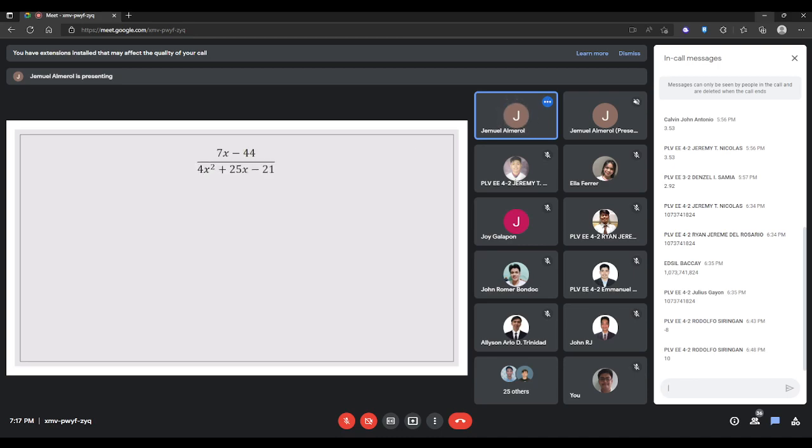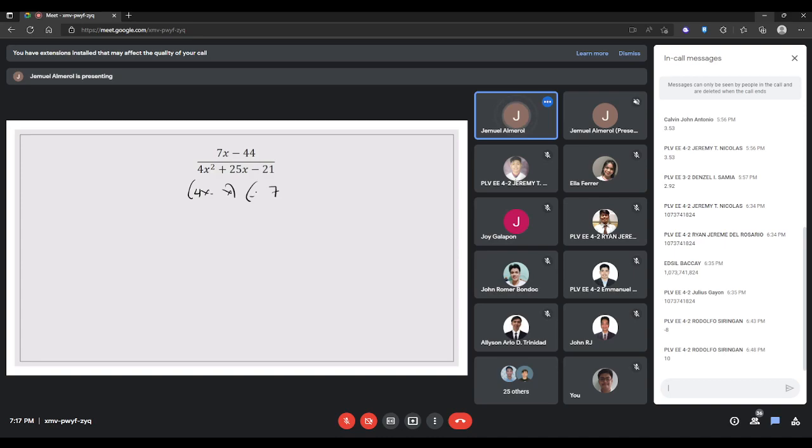Okay. Let's try this one. 7x minus 44. So, factor muna natin to. Ano factor nito? 70. Ito, 4x times x. Tapos, dito, positive 7.